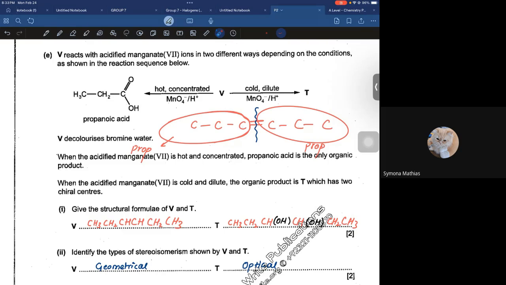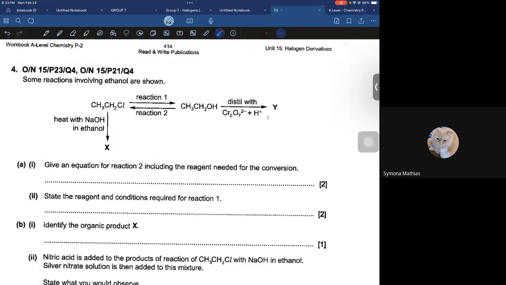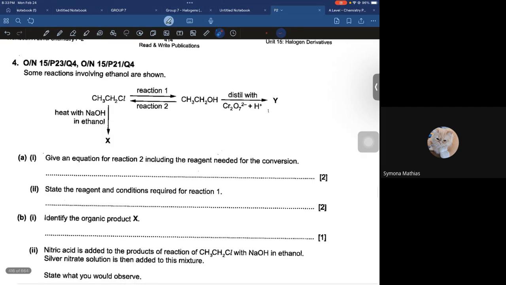Okay, so side by side you should know this too, definitely remember it. And then in question number 4, some reactions involving ethanol are shown. Give an equation for reaction 2, including the reagent needed for the conversion. So what does reaction 2 say? Alcohol to chlorine.